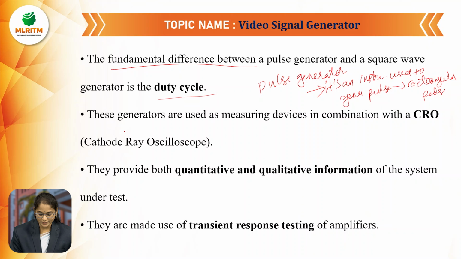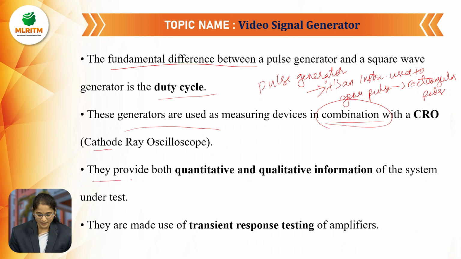These generators are used to measure a device in combination with the CRO. CRO is nothing but the cathode ray oscilloscope. We can't measure with only one instrument. With the combination of the CRO, we generate the pulses or signals using these generators.